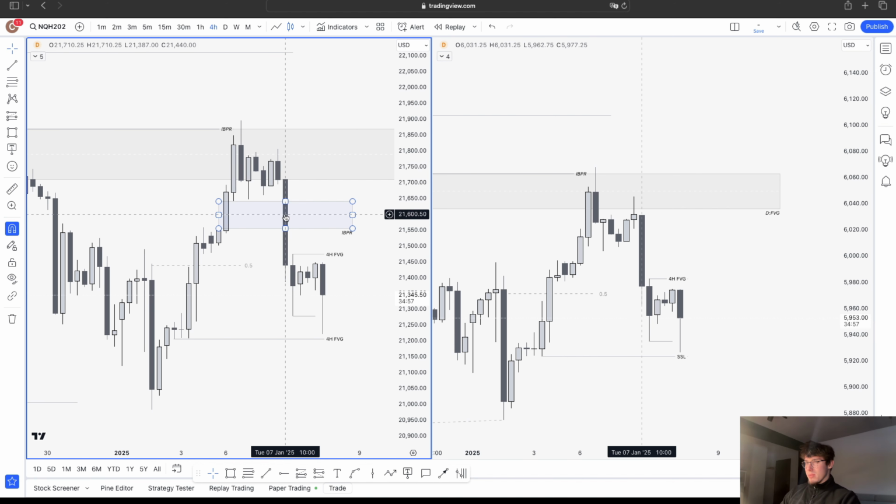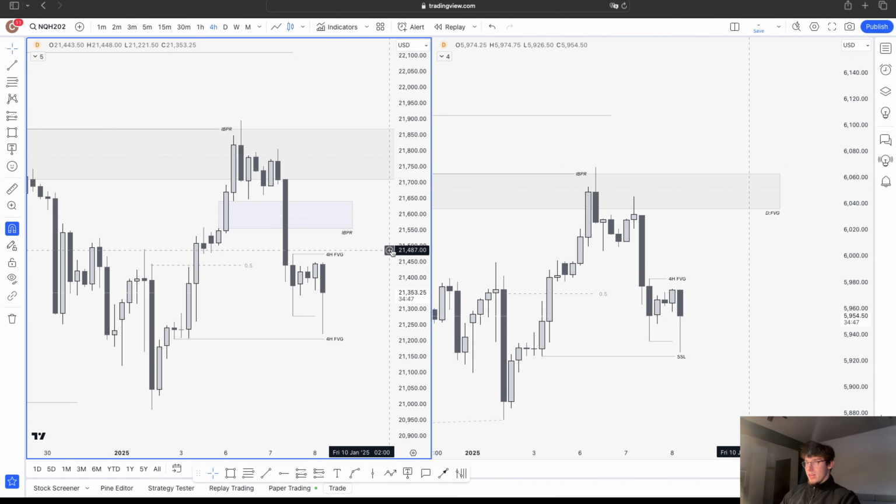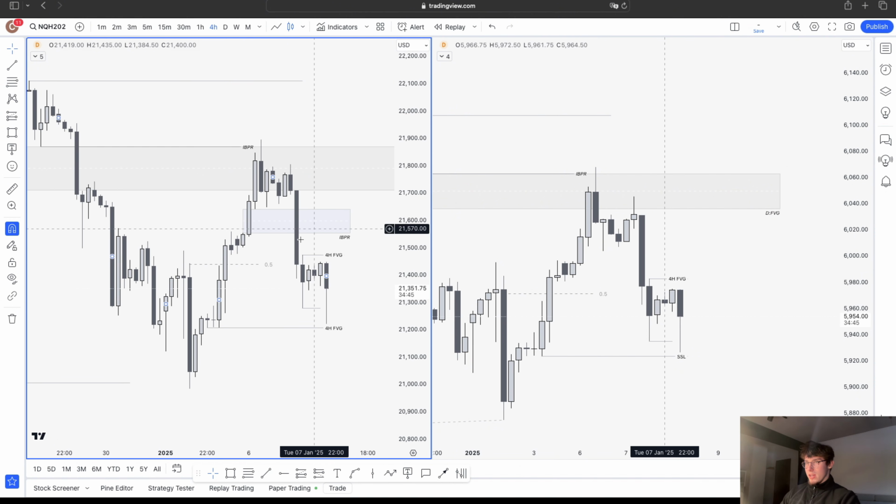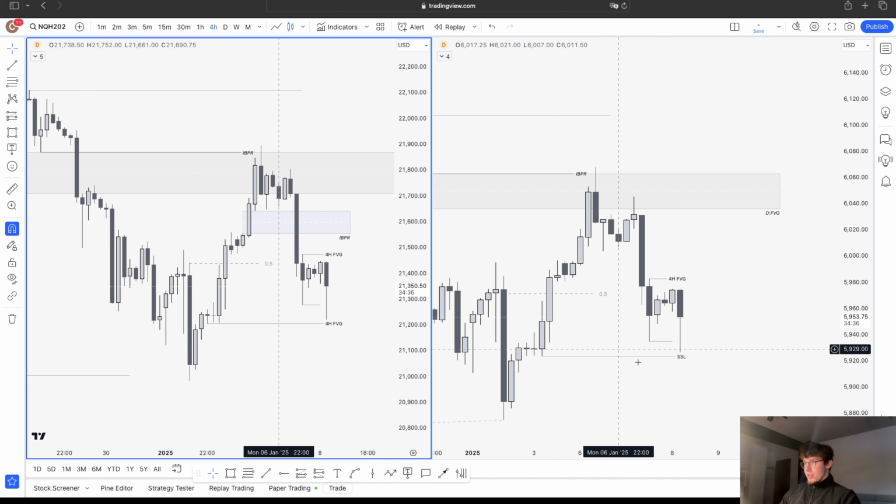We have this imbalanced price range here for our FVG. That's an area that I would like price to deliver into, at least, and then it can do whatever it wants to do. But I would be looking for this 4 hour FVG here and potentially this imbalanced price range.